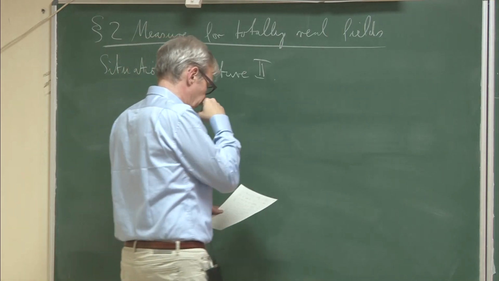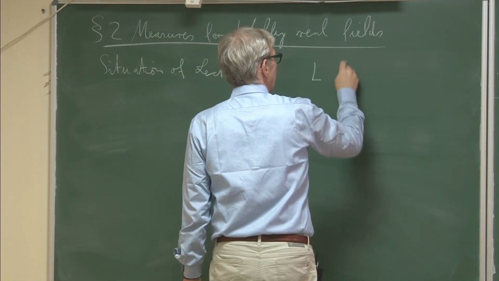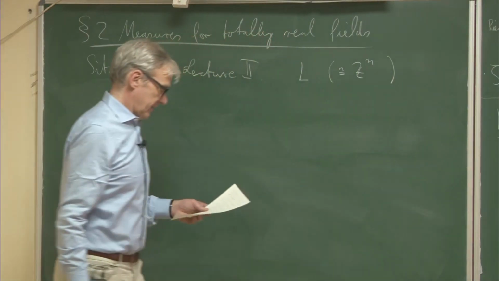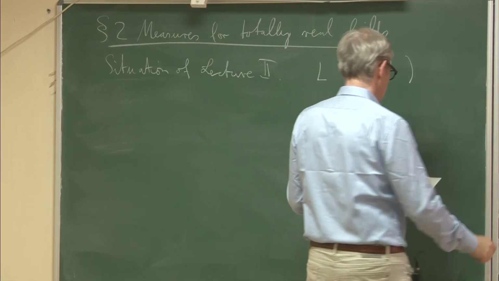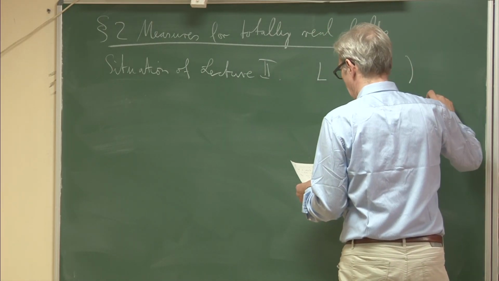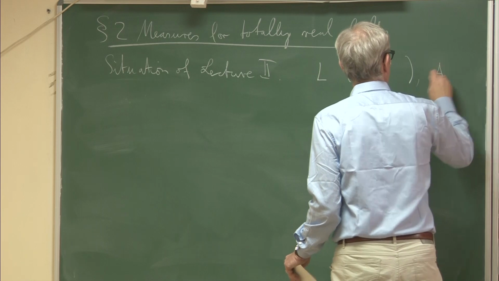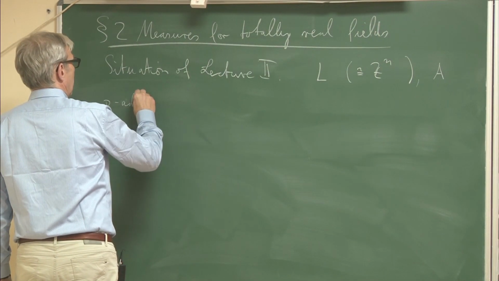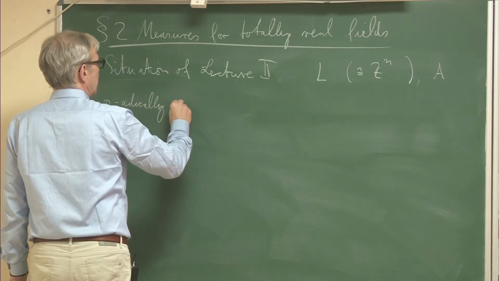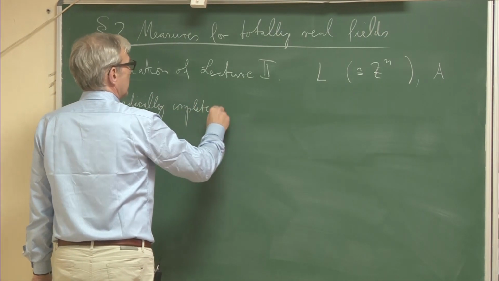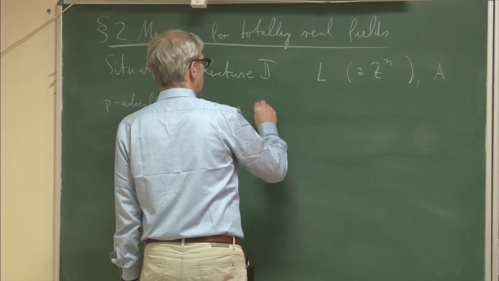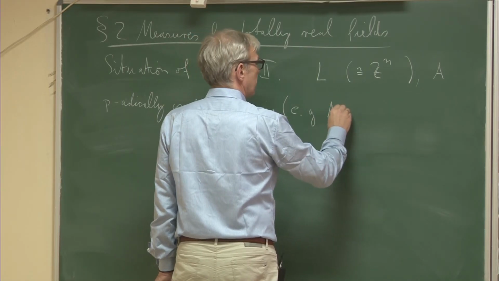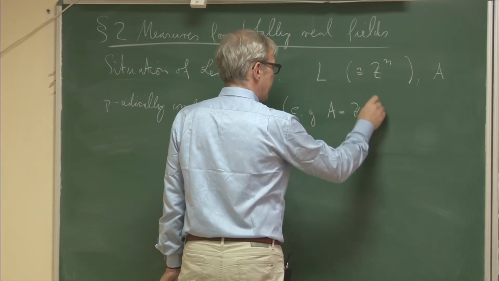And so we have again L a lattice. L had different notations during this lecture series. And we let A now be any p-adically complete separated ring. And you can think of Zp here.